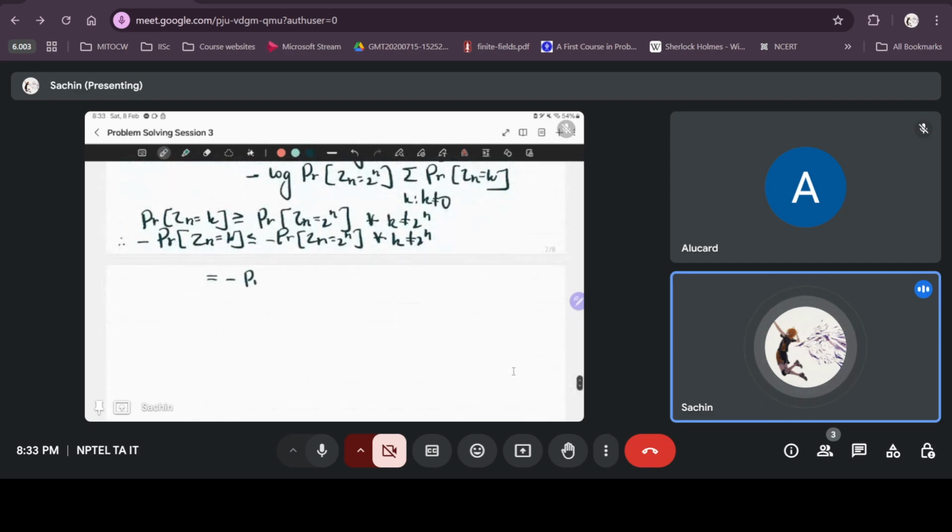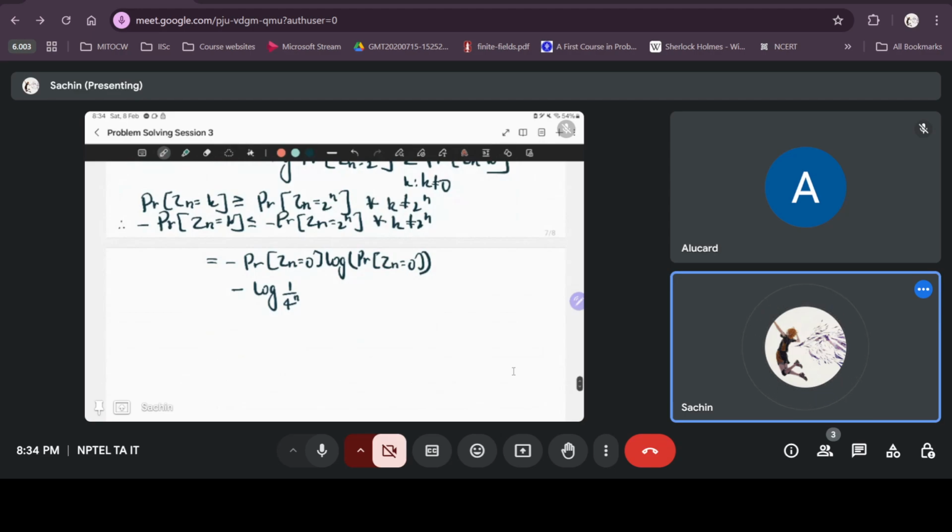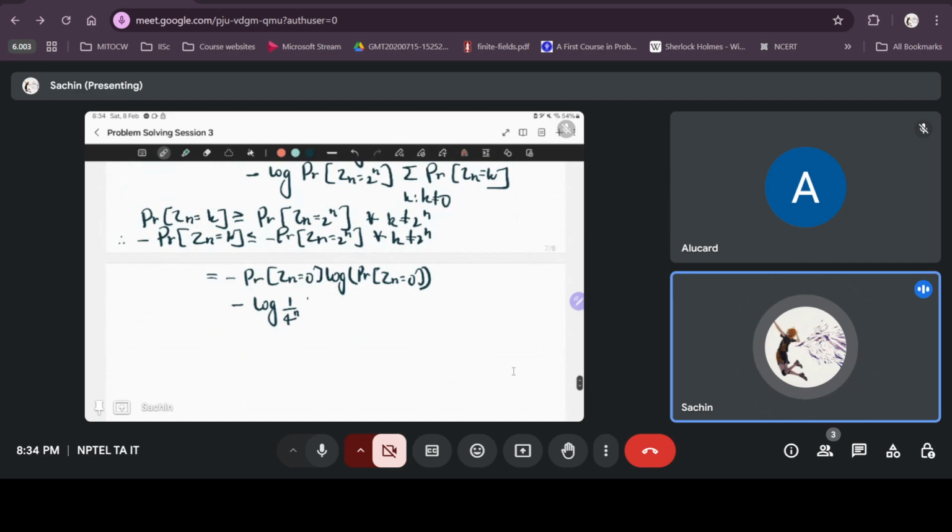So this is minus probability Zn equals 0 log of probability Zn equals 0 minus log of 1 over 4 power n summation of all probabilities Zn is equal to k such that k is not equal to 0, is nothing but probability that Zn not equal to 0.